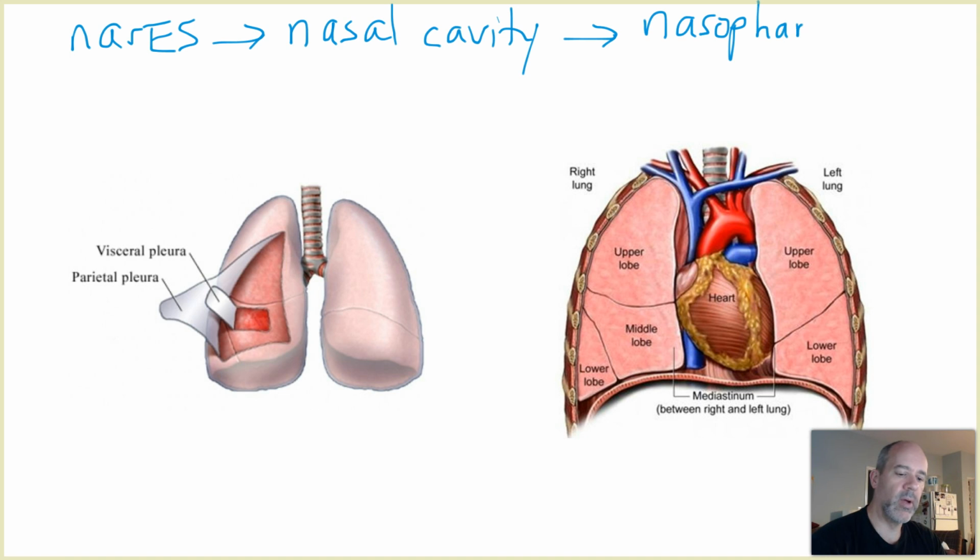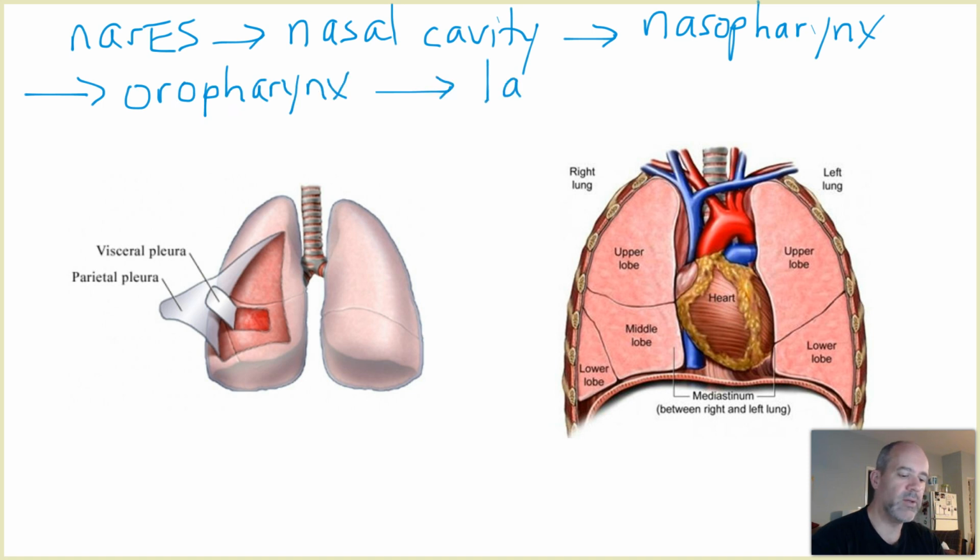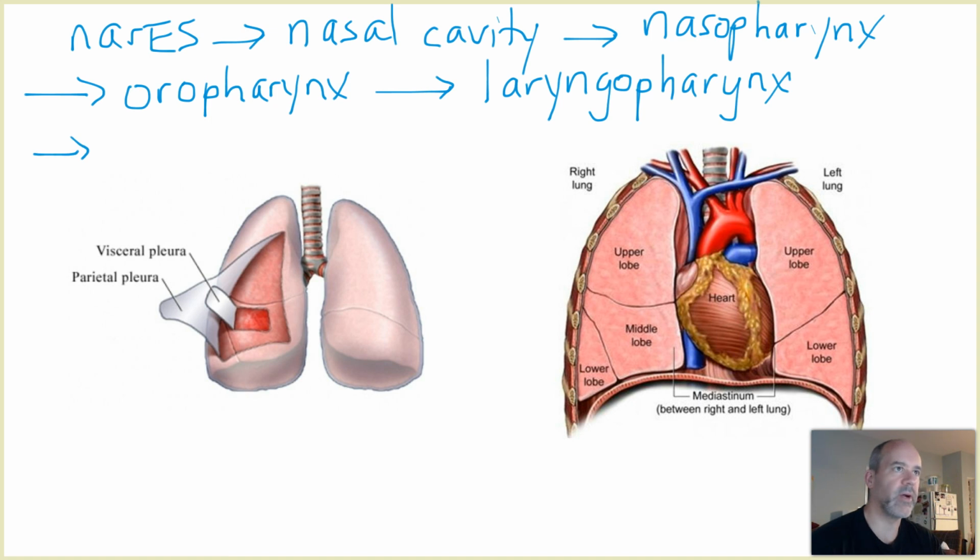The nasopharynx. Then we go to the oropharynx. That leads to the laryngopharynx. And yes, if you want to, you can call those nasal pharynx, oral pharynx, and laryngeal pharynx. That's fine with me. Now we're going to pass through the glottis.